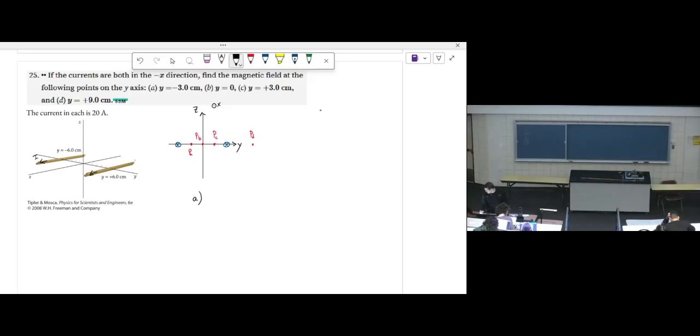This is an infinite line of current, that the magnetic field magnitude is equal to mu naught I over 2 pi times the distance from the wire to the field point, R. And I'm going to call this wire 1 and wire 2 respectively, such that if we look at part A, R1 is going to be like so, and R2 like this.